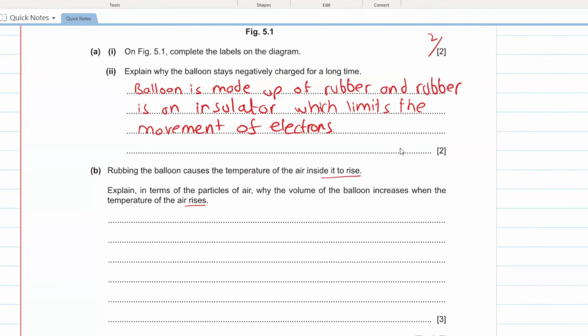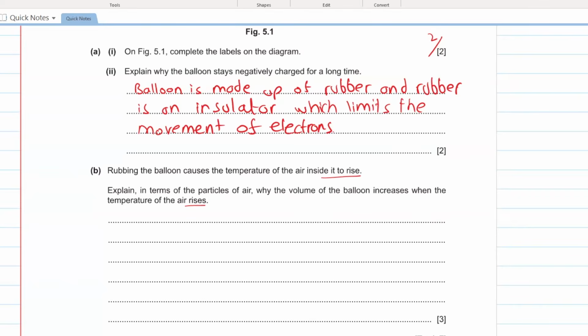Beta, because of the temperature rising, why does the volume increase? Any geniuses in the chat who would like to answer this?